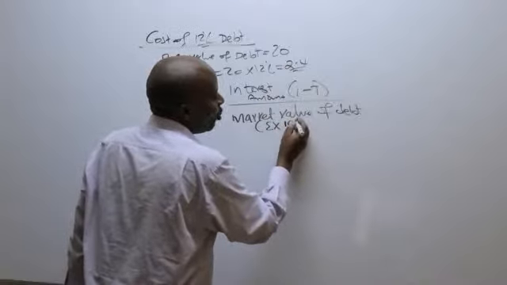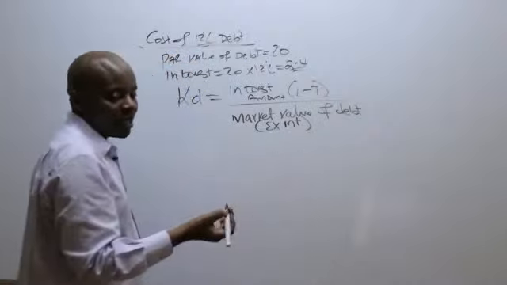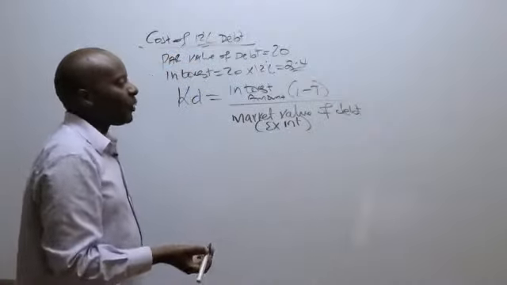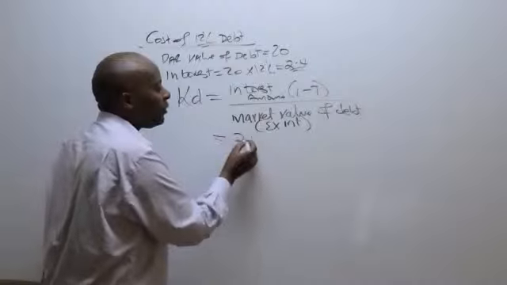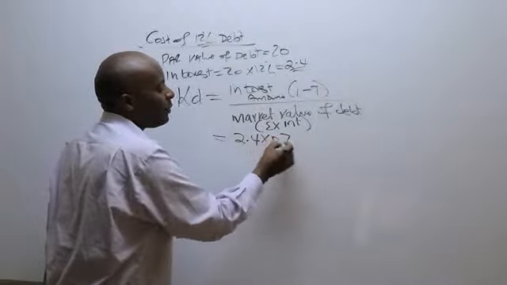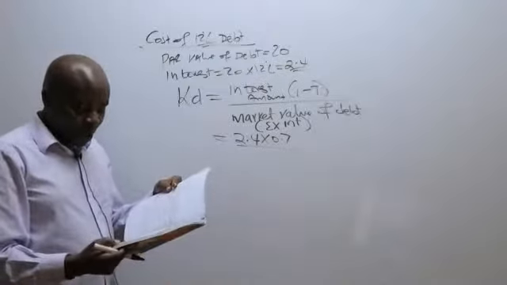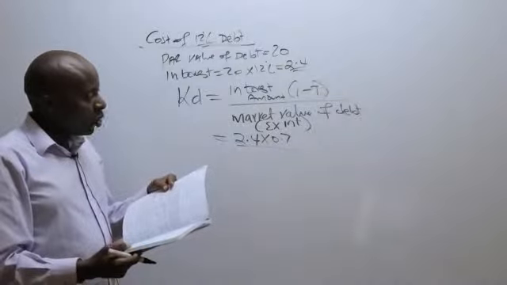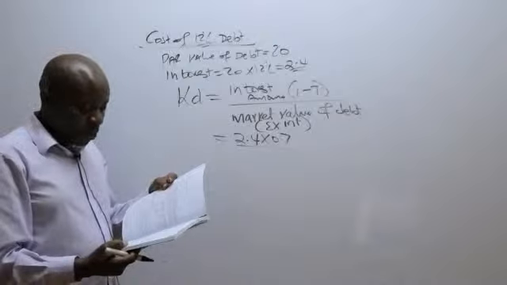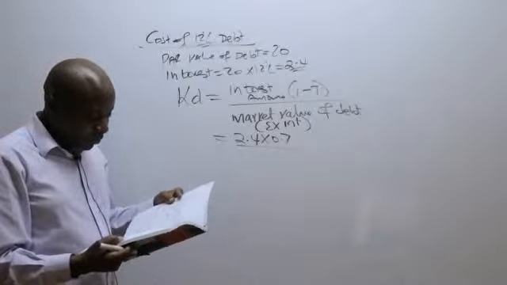In this case, we talk of x-interest. So the interest amount that you have given me is 2.4 times 0.7, all over the market value of debt.